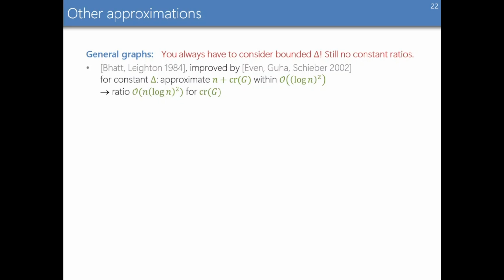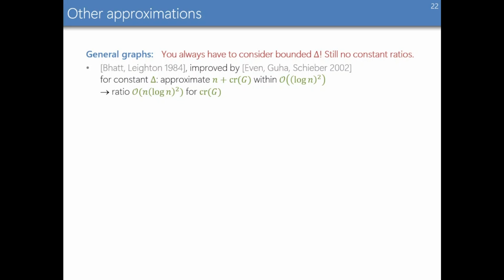If you take this algorithm and turn it into an approximation guarantee for the crossing number, then the ratio is, in O notation, something like n to the log n squared. So the larger your graph is, the worse your approximation ratio gets.